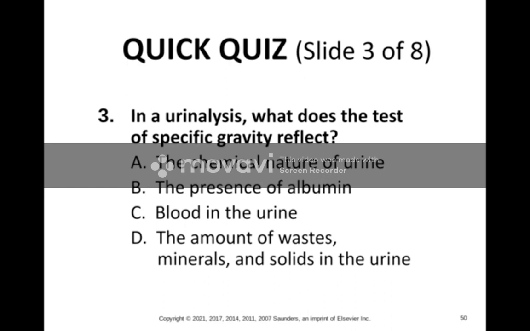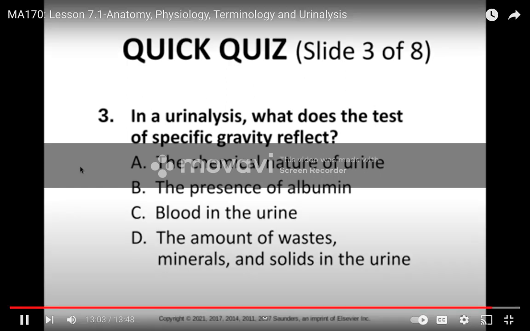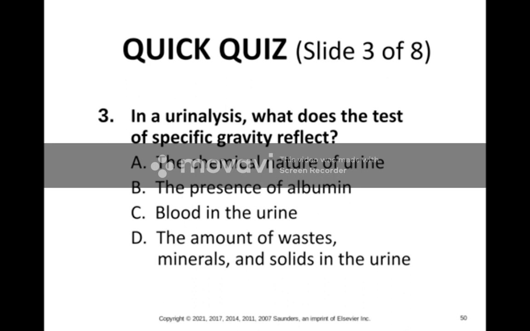So in the urinalysis, what does the test of specific gravity reflect? The chemical nature of urine, the presence of albumin, if there's blood in the urine, or the amount of waste, minerals, and solids in the urine. So what would you guess? Chemical, albumin, blood.